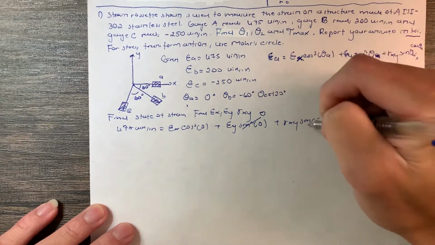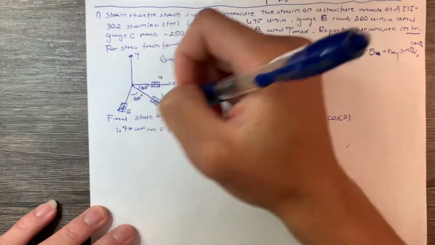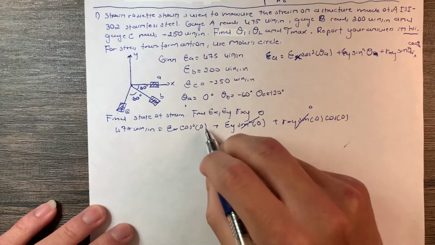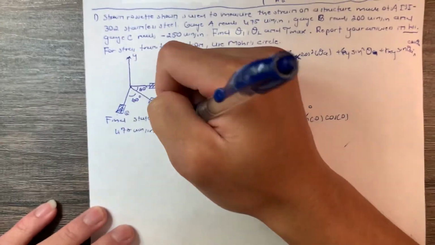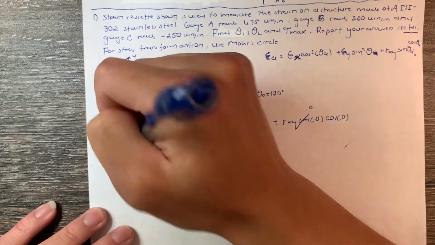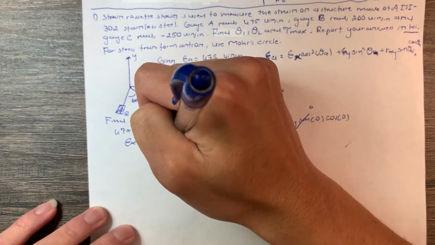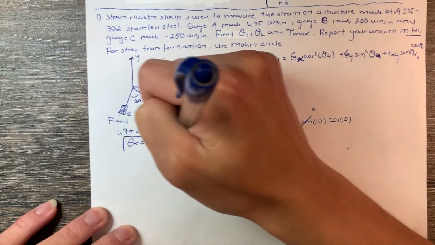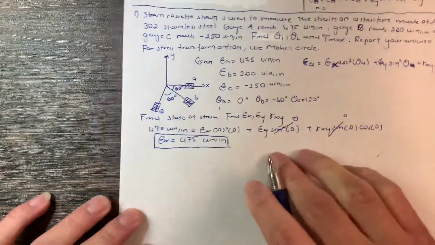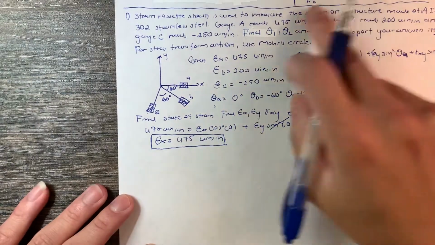Sine 0 is just 0, so these all go to 0, and cosine squared 0 is just 1, so we have epsilon x is equal to 475 micro inch per inch. So we found one value already.